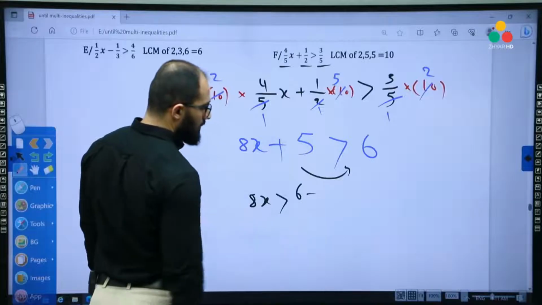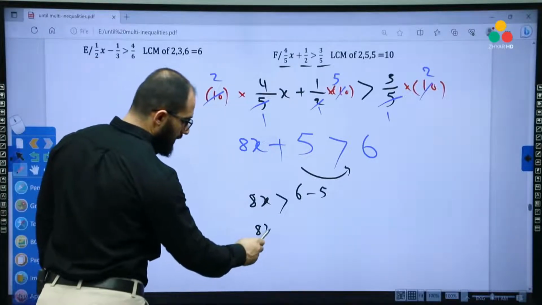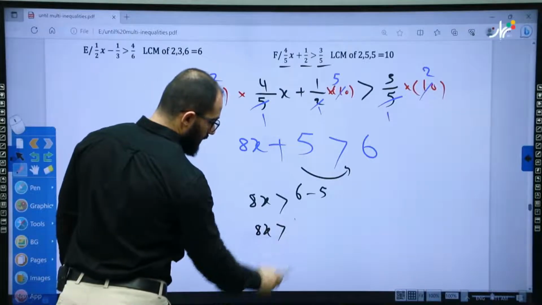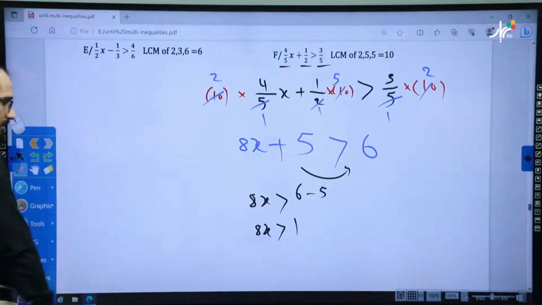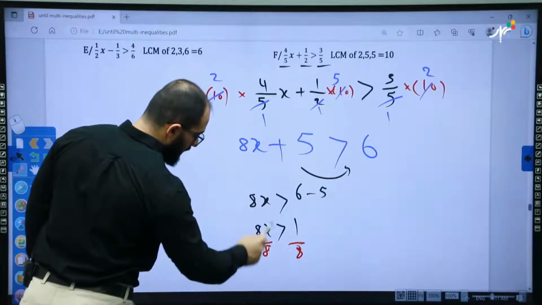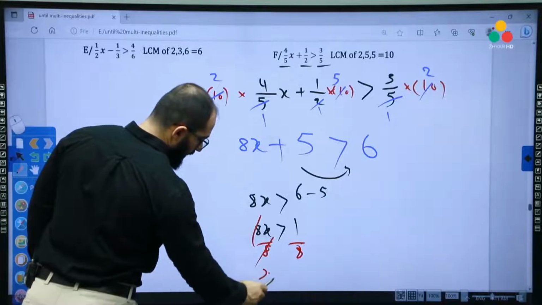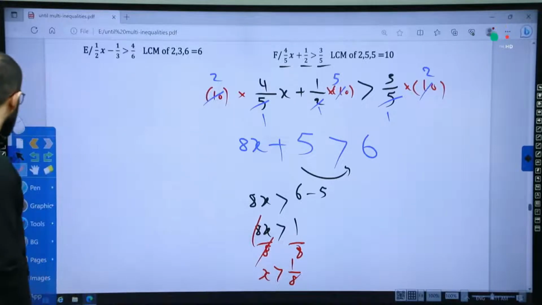Minus 5. So 8x is greater than 1. Because with the variable x we have 8, we divide by 8, 8 and 8 cancel, x is greater than 1 over 8.